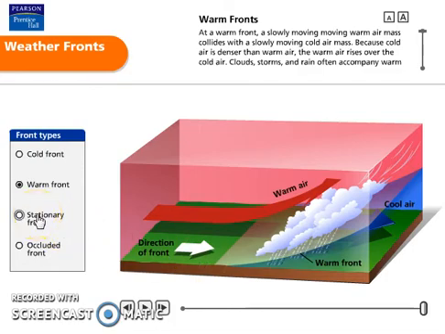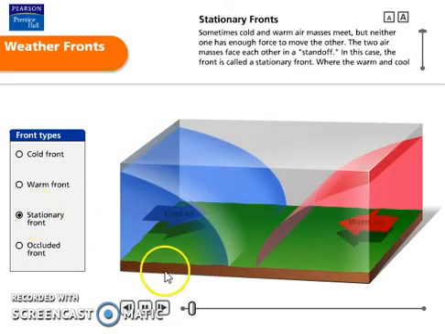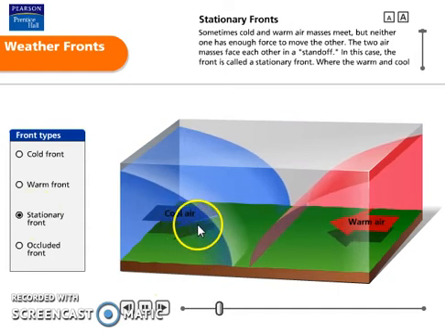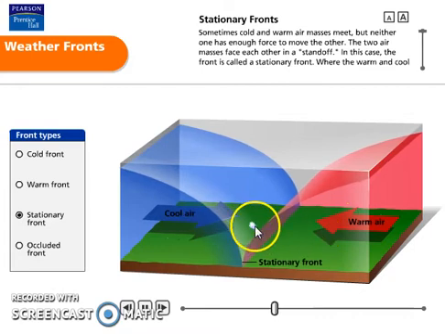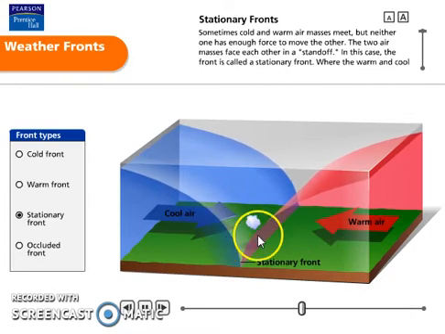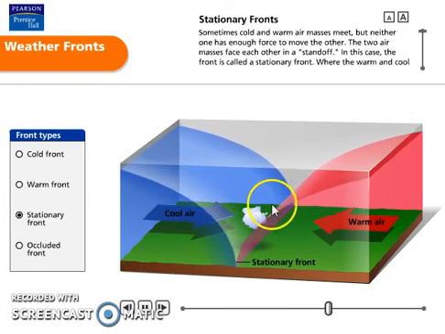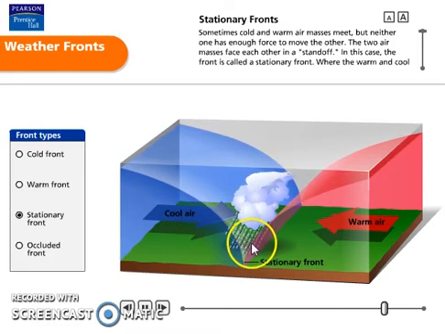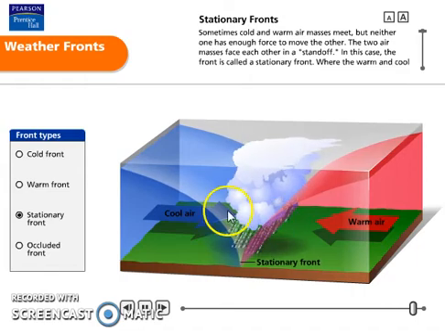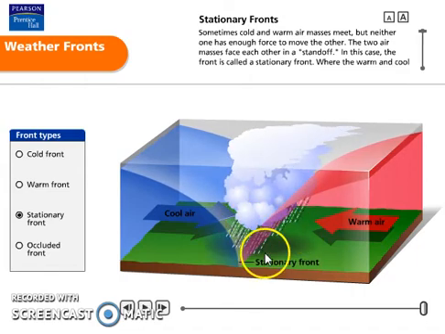The next type is a stationary front. This is when you have a cold air mass and a warm air mass moving towards each other, and they're both about the same strength, so they can't push each other out of the way. You get clouds that form along through here. You'll get stratus clouds, and you can get several days of rain because this type of front can stay in one place for several days.